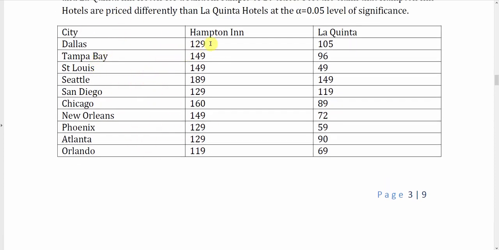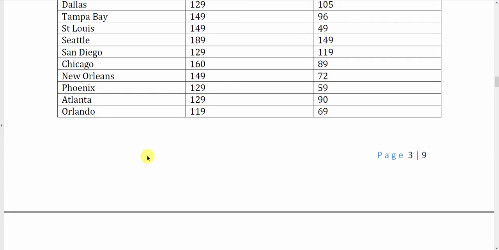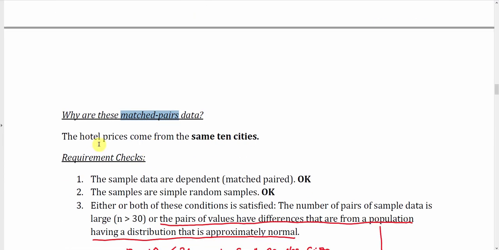Otherwise, if you pick the prices for the Hamptons in 10 cities, and then you pick the prices for La Quinta in another 10 different cities, then that would be independent samples. But in this case, we focus on the same 10 cities for each of the hotel brands, so they depend on the same cities. That means they are matched pairs.